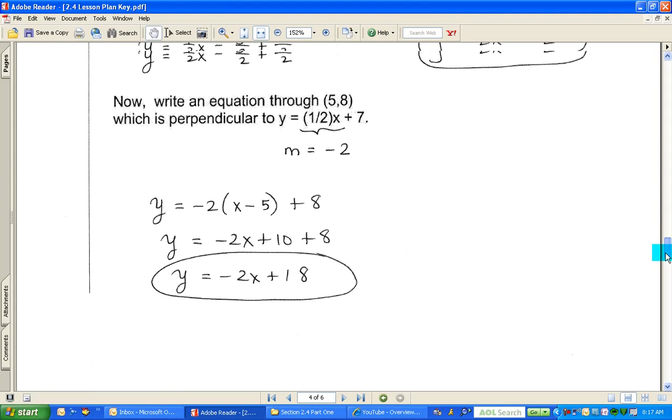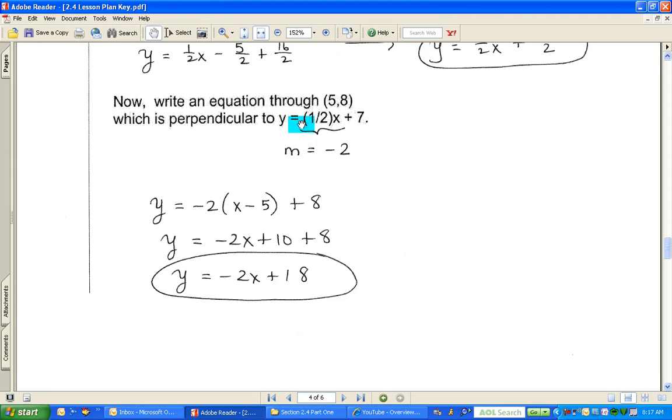This next problem, rather, is looking for an equation in slope-intercept form. This time it uses the word perpendicular. If two lines are perpendicular to each other, their slopes are opposite reciprocals. Very important to know. Okay, 1/2 is the slope of the line that I'm pointing at.